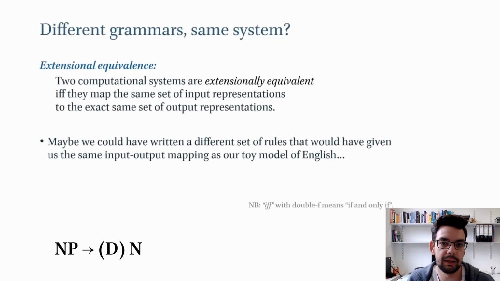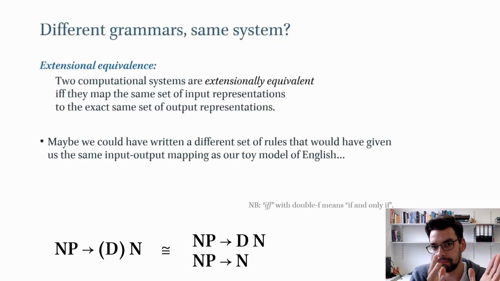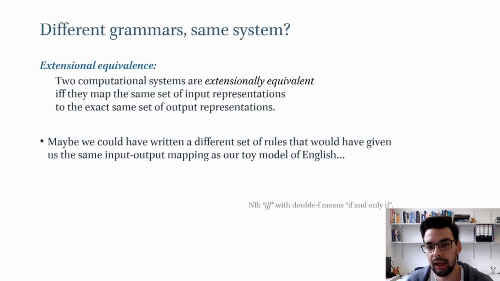But we could get rid of the idea of optionality and just write that as two rules. Right? We could write one rule that says NP can be replaced by a determiner followed by a noun, and then another rule that says NP is replaced by just a noun by itself. And that would have given us the same output, wouldn't have changed anything in the possible sentences that we've defined over the same inputs, but the grammar would have been slightly different, perhaps.